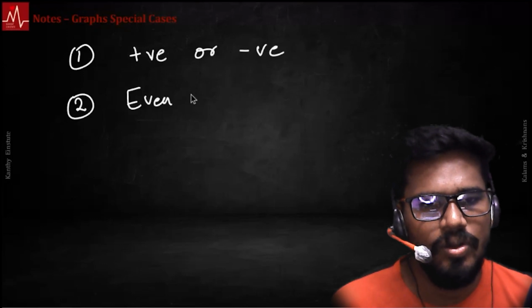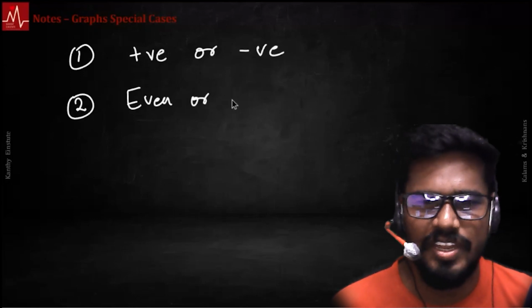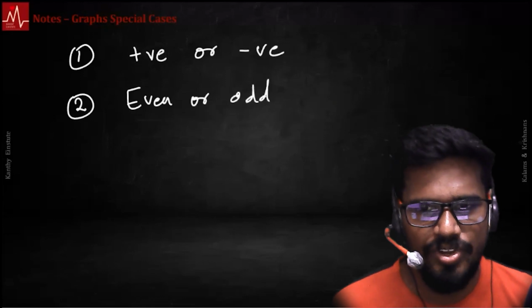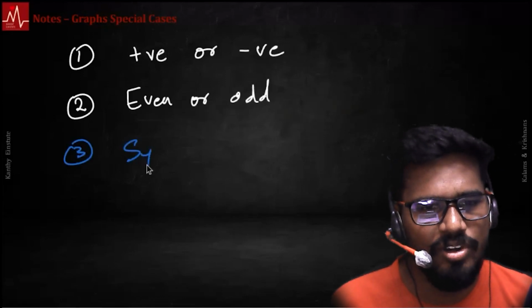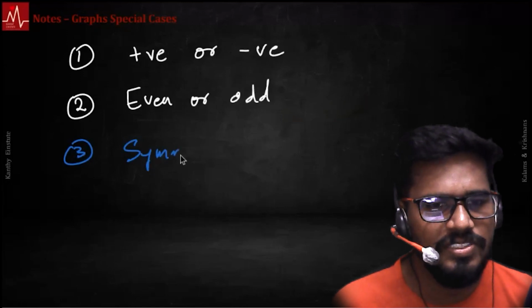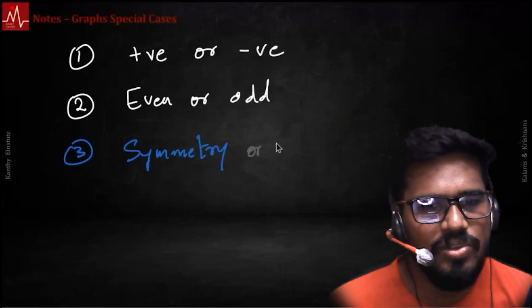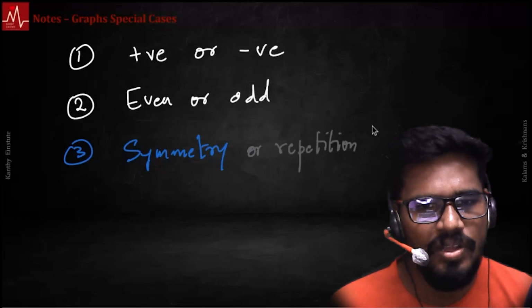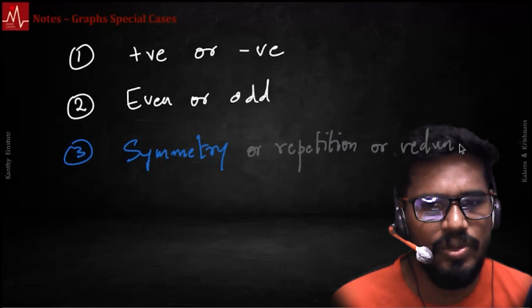Or is there any other symmetry, repetition, periodicity? What it boils down to is, is there any sort of symmetry, repetition, or redundancy? Repeating patterns. This is something that I look for.